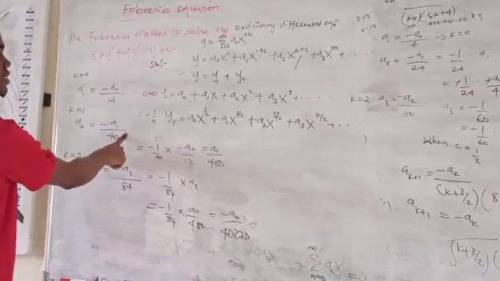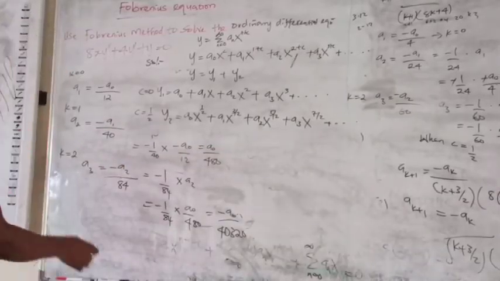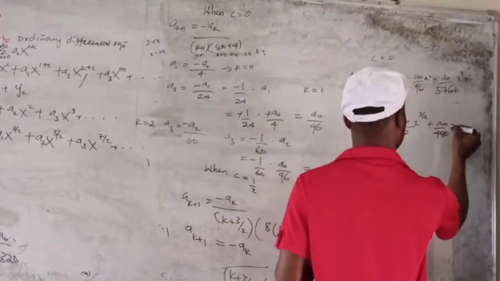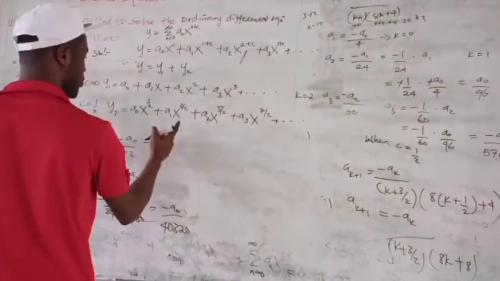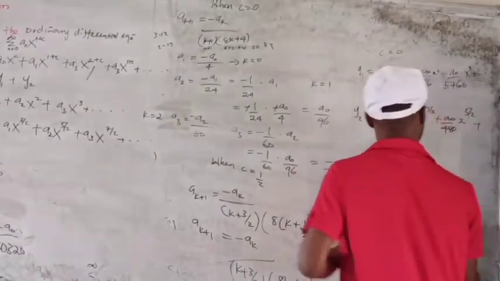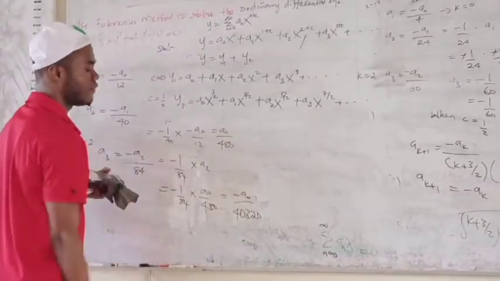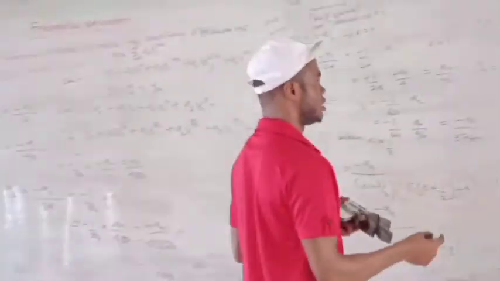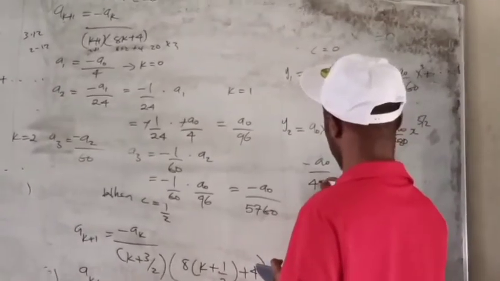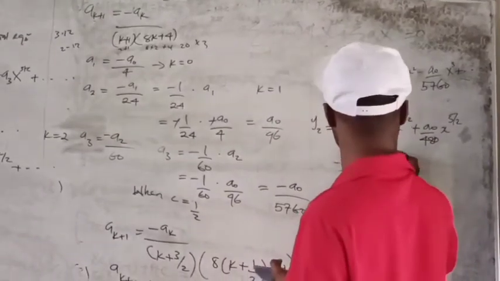My a2 is a0/480, so plus a0/480 x raised to the power of 5/2, plus my a3, which is negative a0 over 40,320, that is minus a0 divided by 40,320 x raised to the power of 7/2.